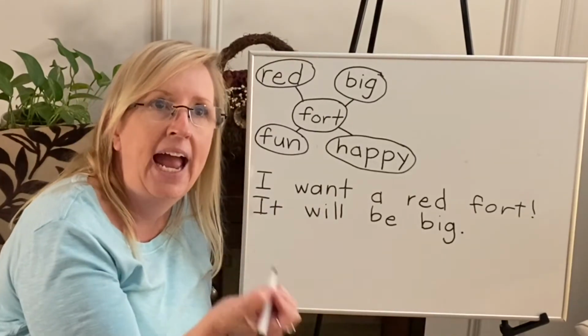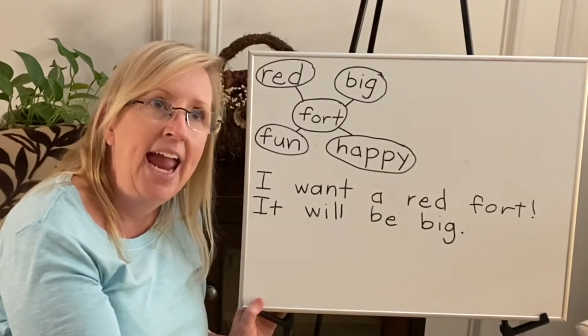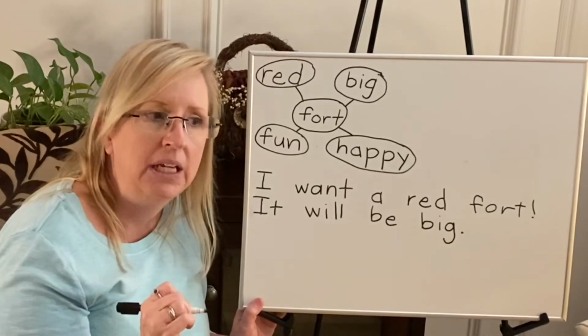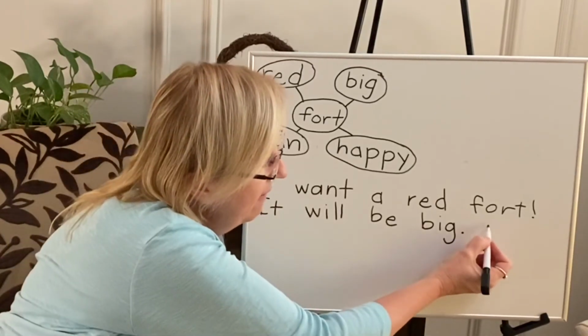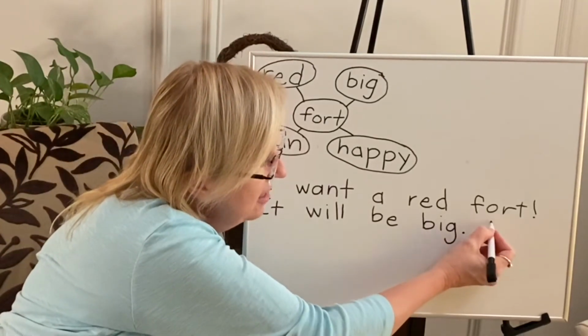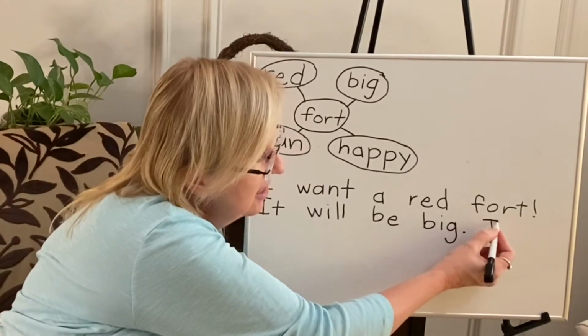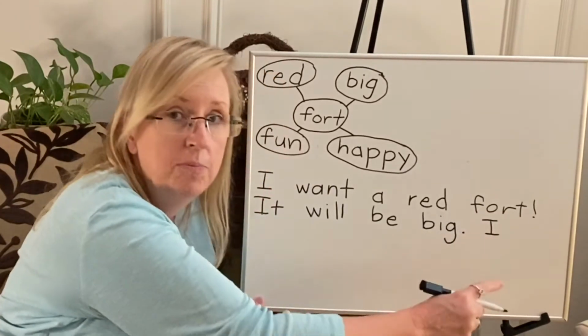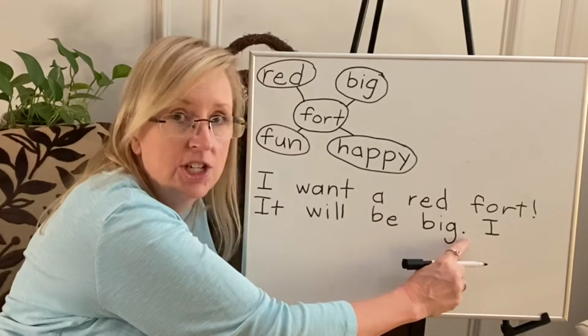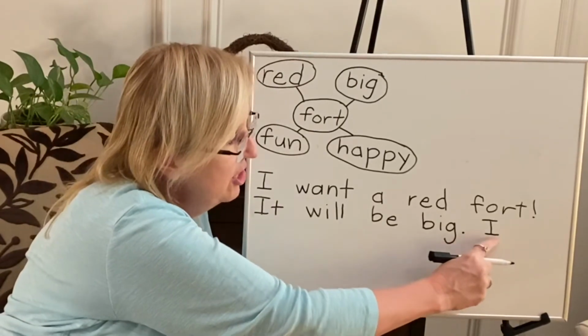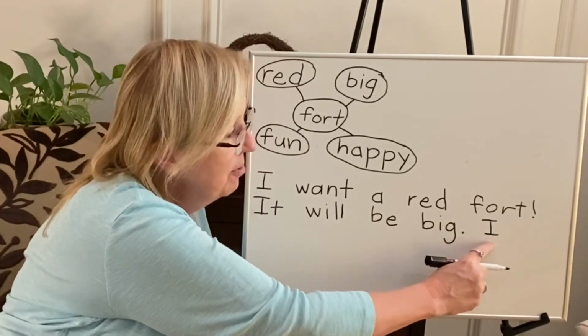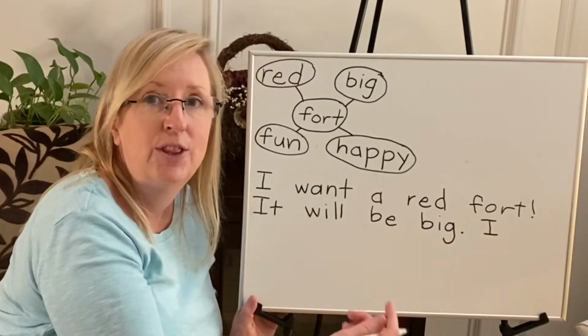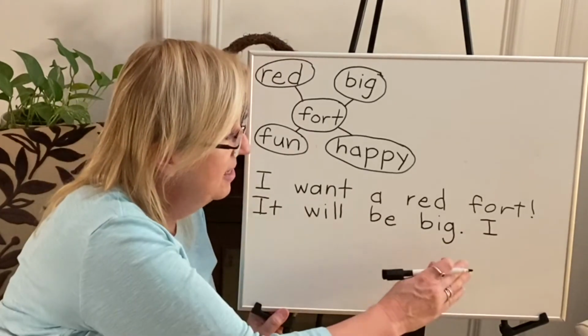I will have fun and be happy. I, leave that space, and I can fit that sight word I, but also the beginning of our next sentence. We've finished the second sentence with punctuation, so we need to go back to the uppercase letter and then switch back to the lowercase ones.